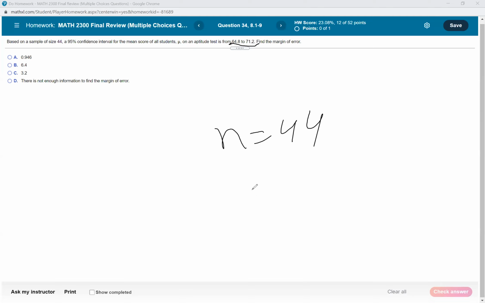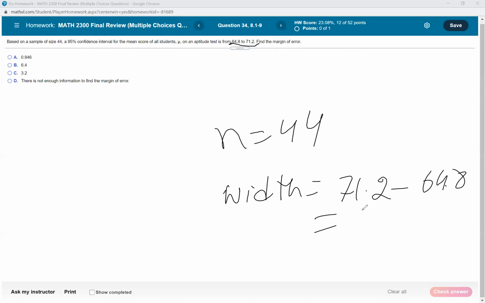So we have the confidence interval, and the width of the interval is 71.2 minus 64.8, so this is 6.4.